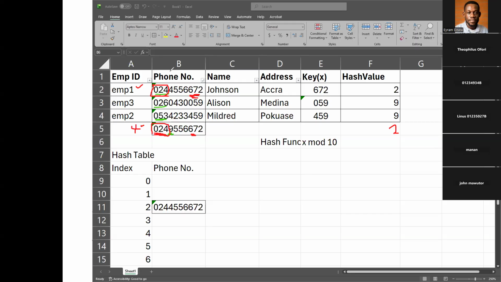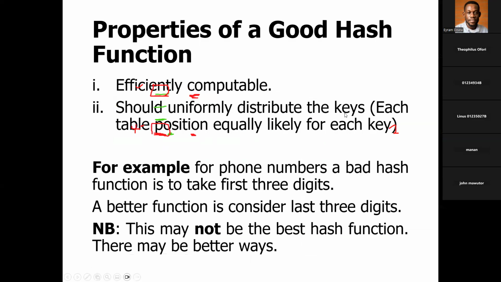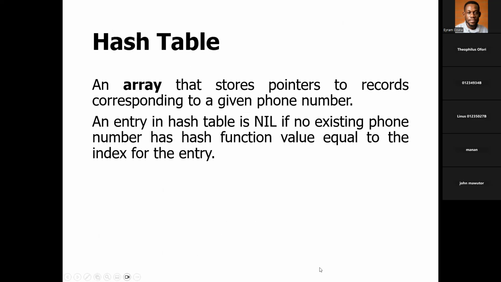So it's always best to go with the last 3 digits rather than the first 3 digits. So the better function is to consider the last 3 digits. Now, this may not be the best hash function, because there could be other better ways to do that, just like I explained.